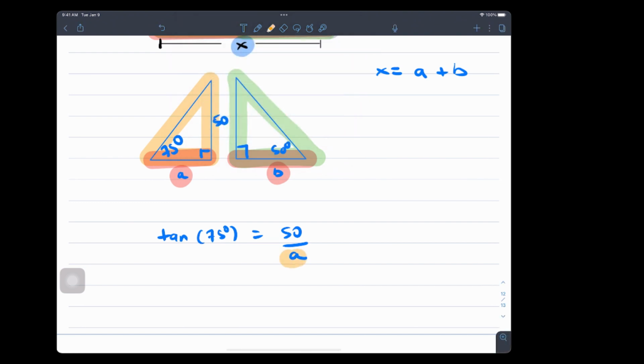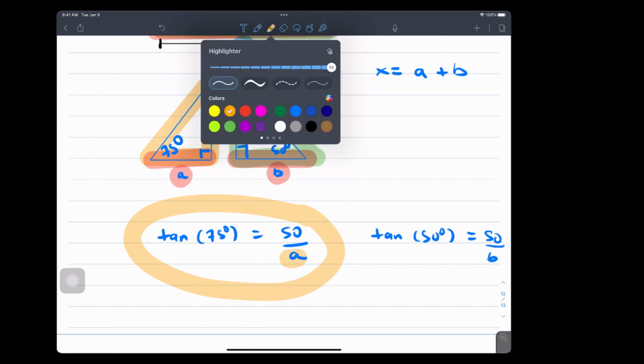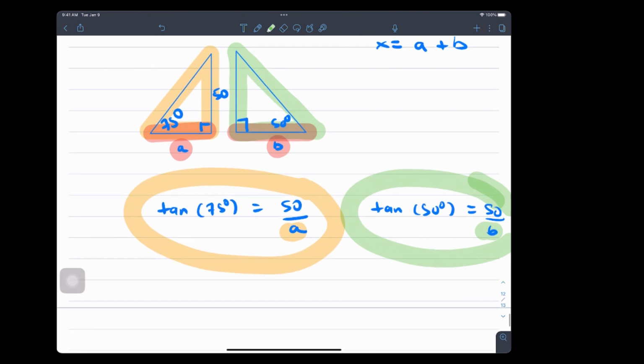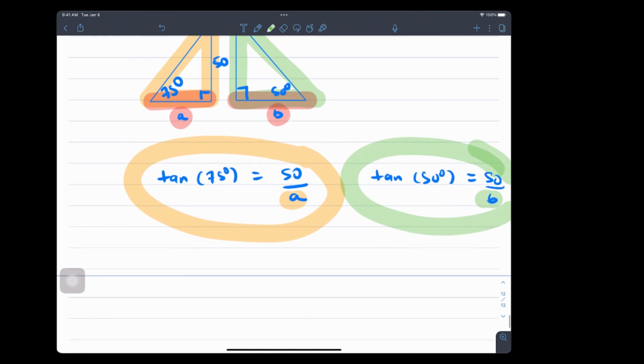We also know, what else? Tangent 50 degrees is opposite 50 over the adjacent B. So this is how we get the next one, B. So far, so good? All the stuff that we've been doing.